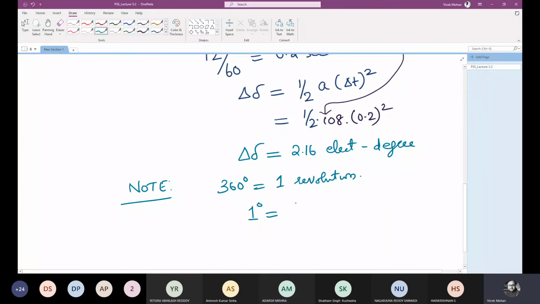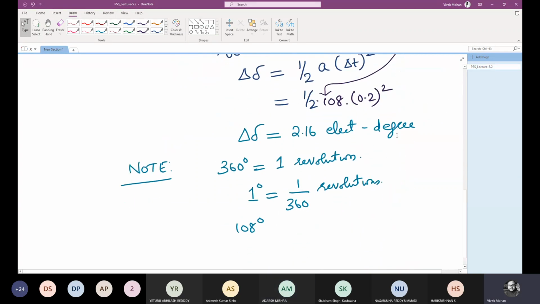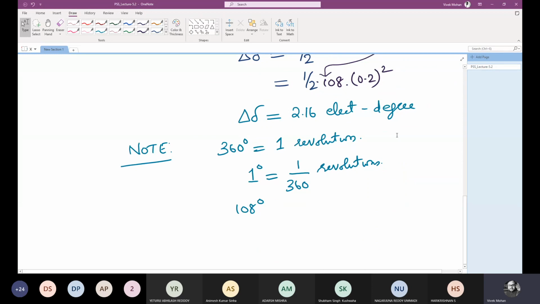How many revolutions? 1 by 360 revolutions. Now what about 108 degree? Whatever we have obtained here is 108 electrical degree per second squared. So 108 electrical degree equals 108 divided by 360 revolutions.